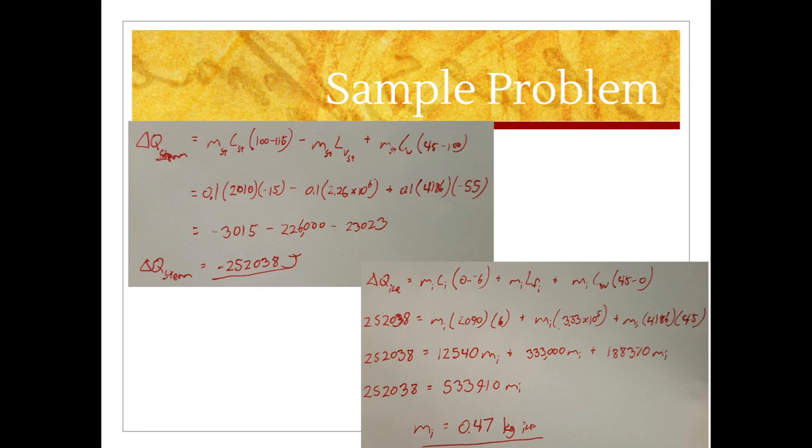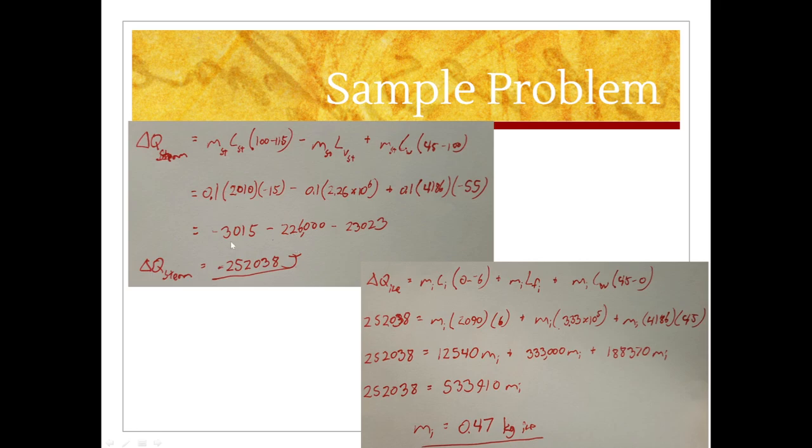So laid out very similarly. The only main difference here is we're going to be using different specific heats and different latent heats because there's different states involved. And we actually have an answer for Q this time, and we're solving for m instead.